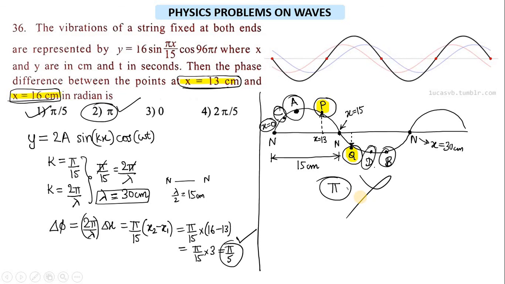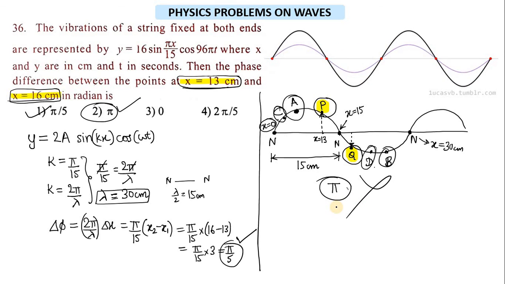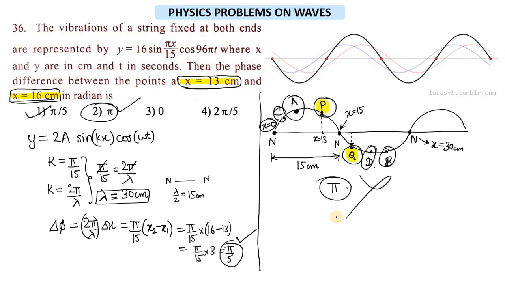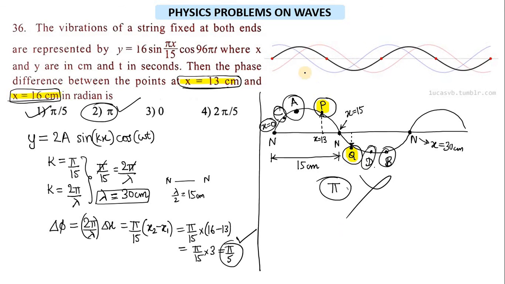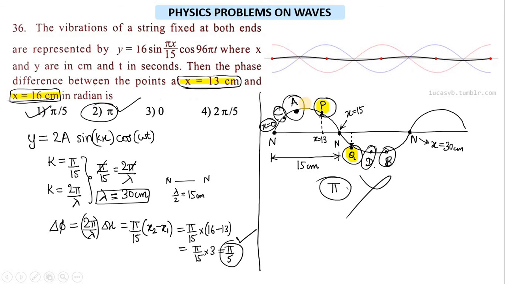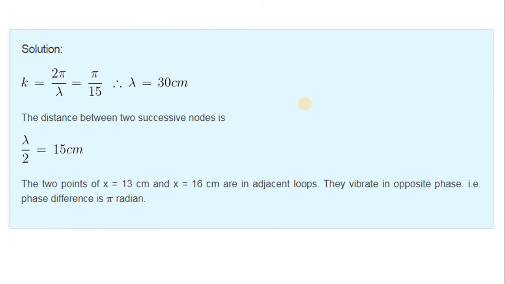But anyway, this is the answer key given for the question. What is your belief, students? Kindly write down in the comments and tell me your view about the solution of this question. And here I am also putting the screenshot of this solution as written on the website of this book's publishers. So here also the same explanation is given in order to support their answer as pi radian: k is equal to 2 pi by lambda, so therefore lambda is 30 centimeter.